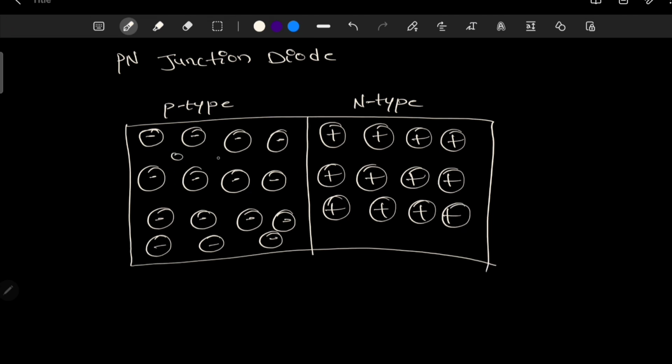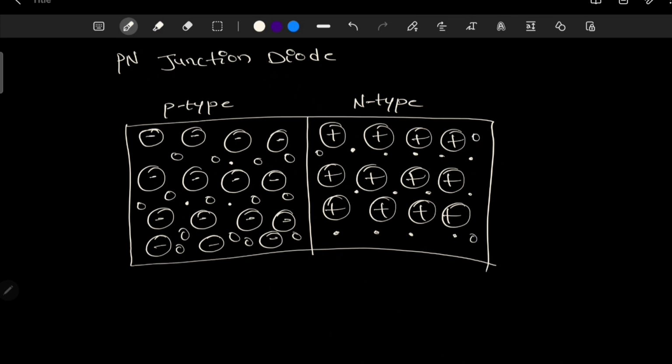So in P type we have majority of holes, right? So here I am placing majority of the holes and some small amount of electrons, 1 2 3 is enough. Coming to N type, in N type we have majority charge carriers, electrons, right? So here I am placing most of the electrons in N type and a very small number of holes.